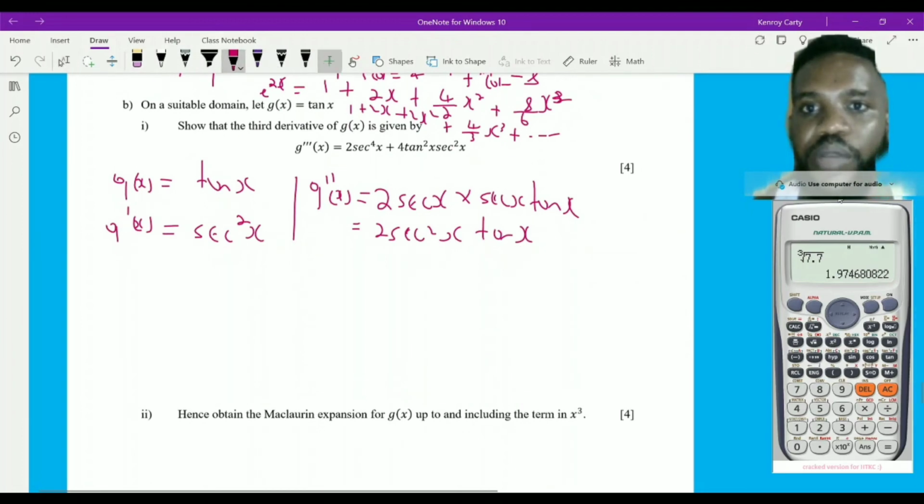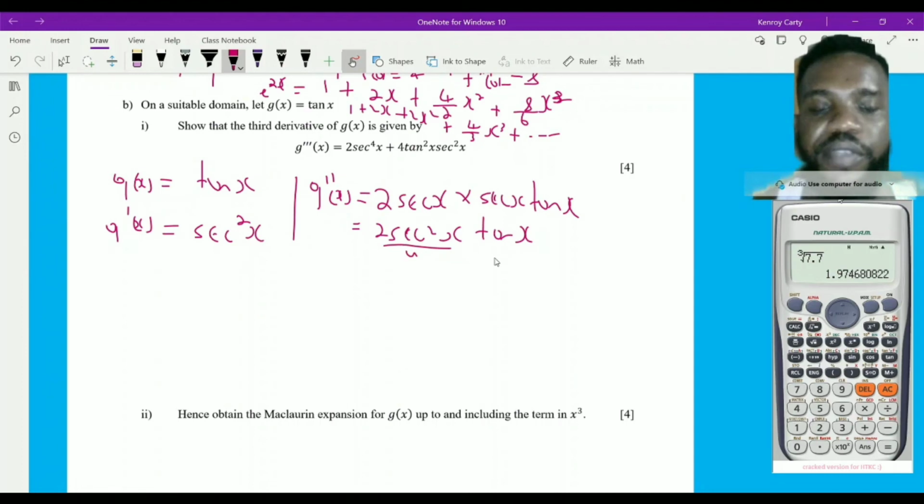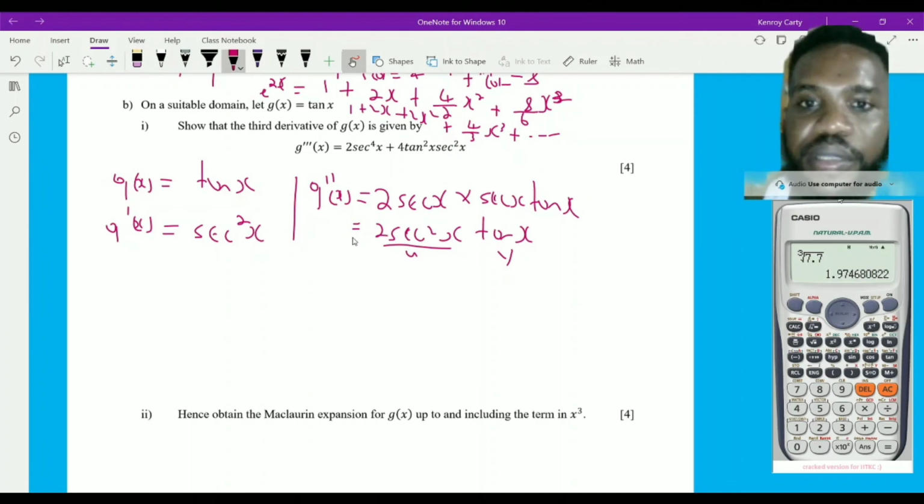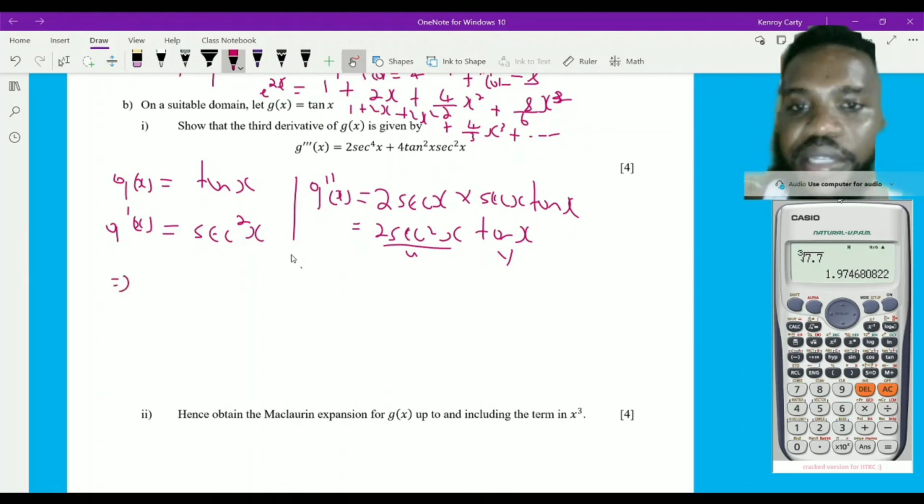Alright, so what do I do? I'm going to have to use the product rule. So this could be my u, this is my v. Now note, I didn't have to use this as u. I could use sec squared x as u, and of course put the 2 in front of everything and just differentiate it. Alright, so this is what it's going to have. I'm just doing this again so you can understand it. The rule says for the product rule, so let me go g triple prime of x.